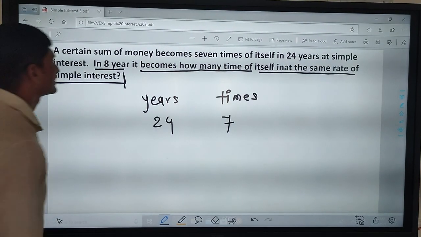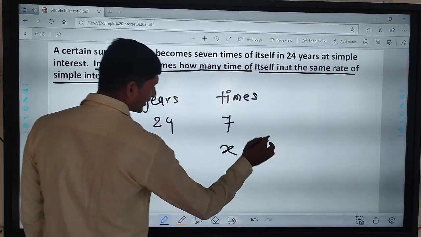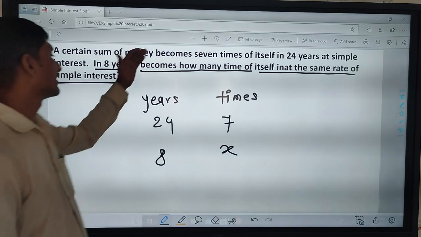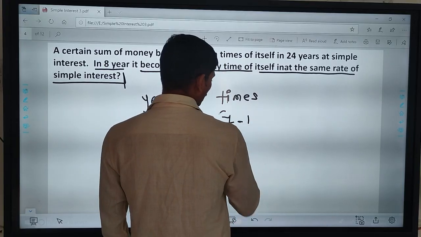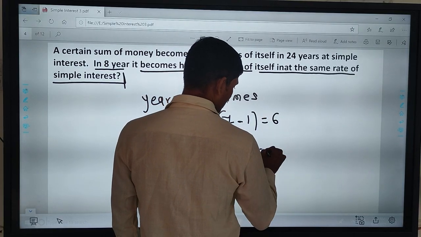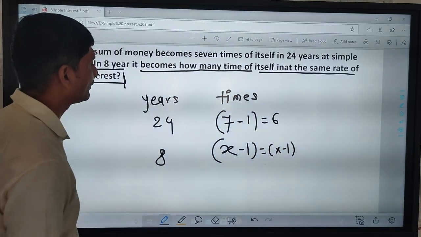In 8 years, how many times does it become? Here we take x. We subtract 1 from these two. Here 6, here x minus 1. We will take cross multiplication.